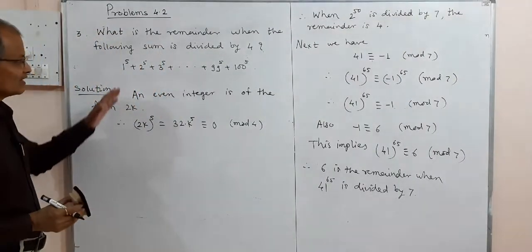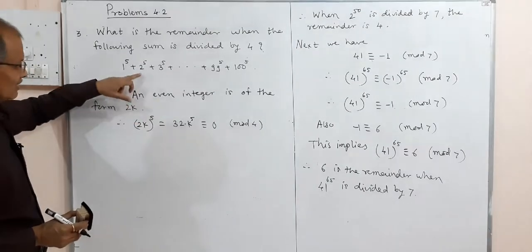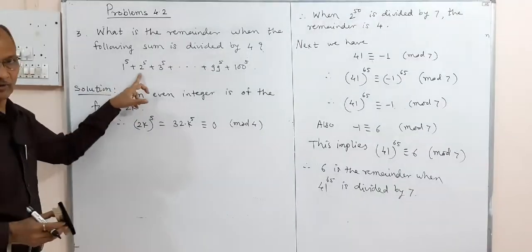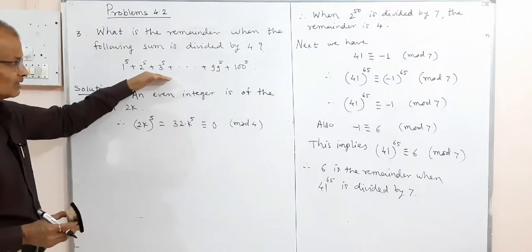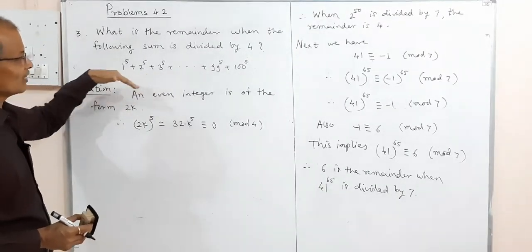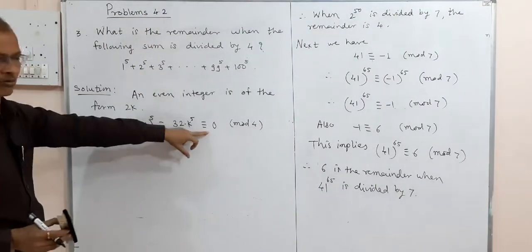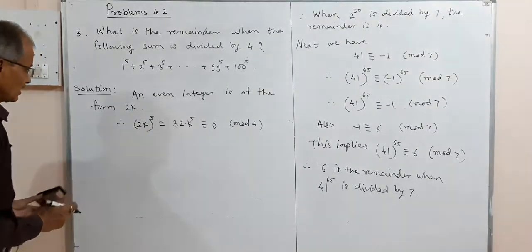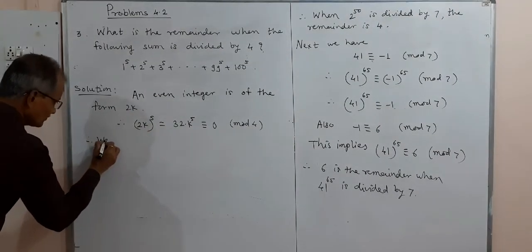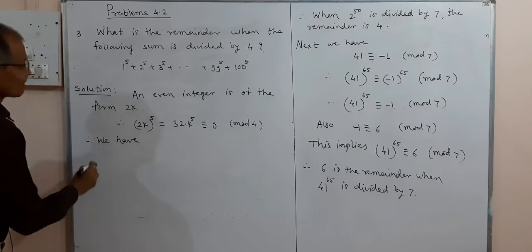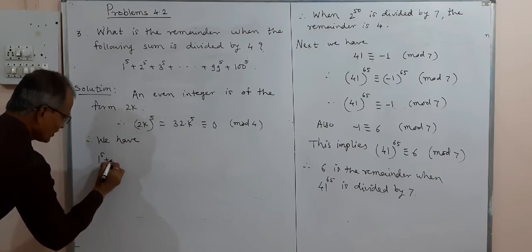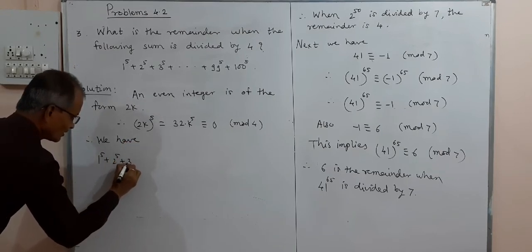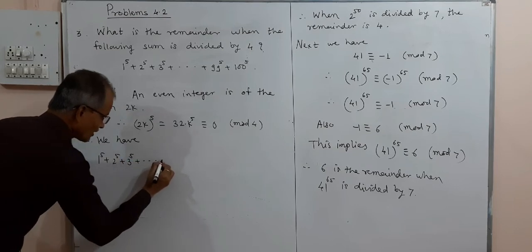Thus every even integer's fifth power is congruent to 0 in this sum, and so half the numbers here become congruent to 0. And therefore this sum now reduces.